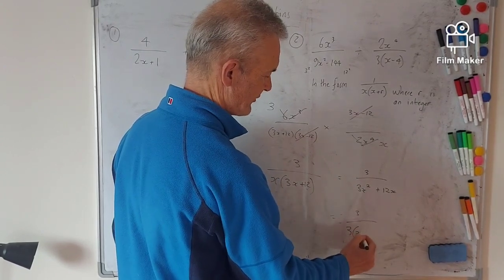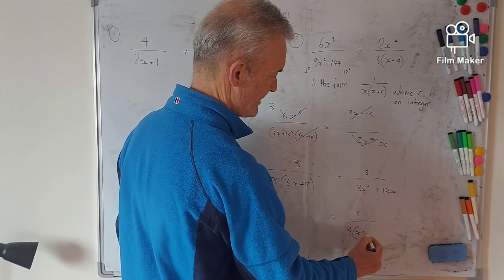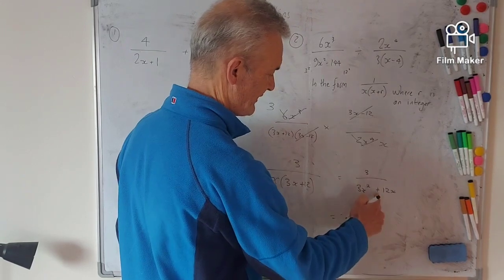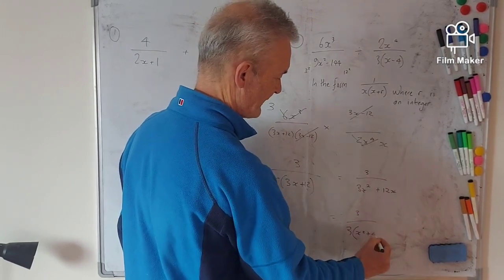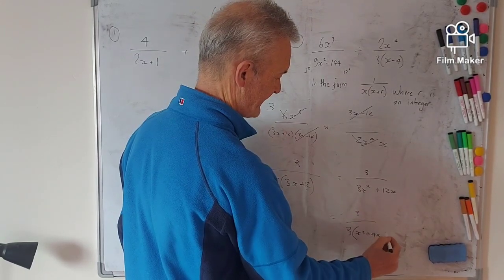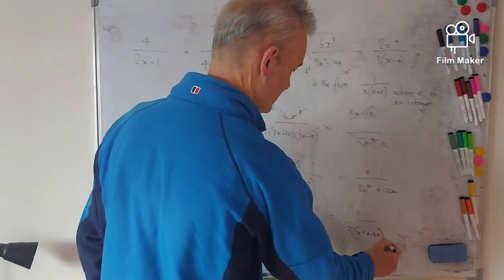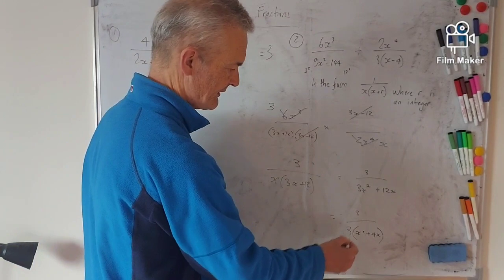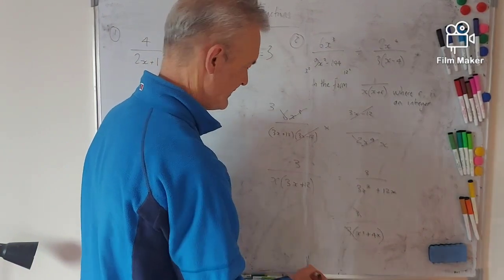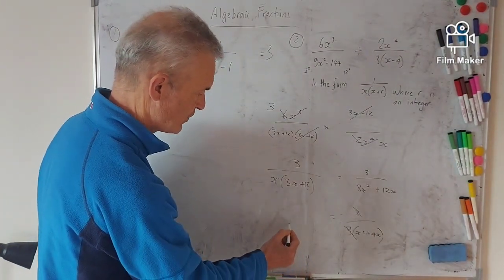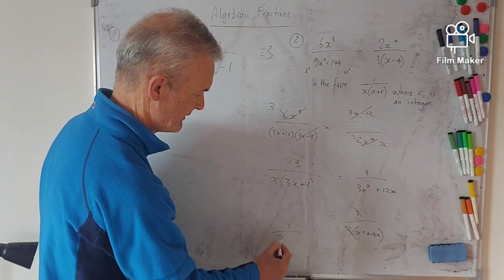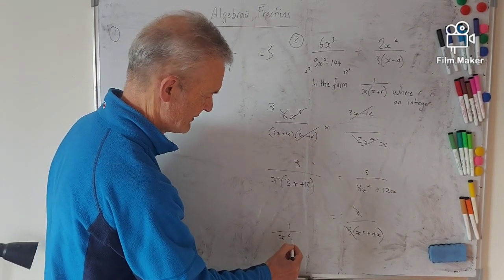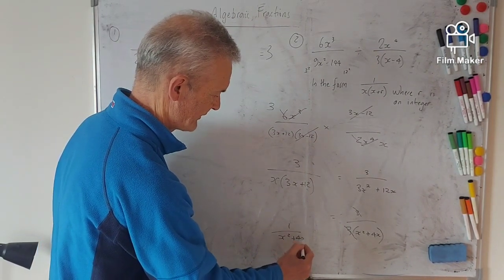So that's going to be x squared, well, not minus, it's a plus, isn't it? And that would be 4x there, wouldn't it? Like so. Okay, now I can cancel here, and that leaves me with 1 over x squared plus 4x.